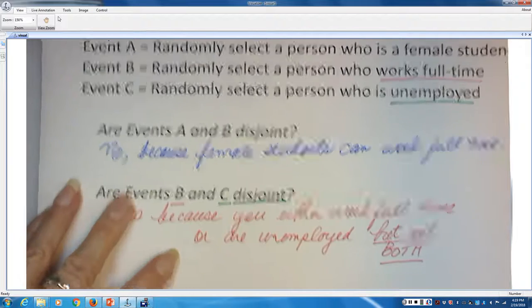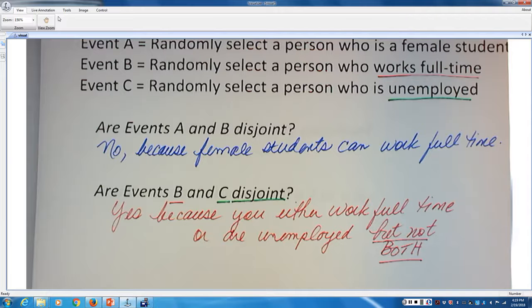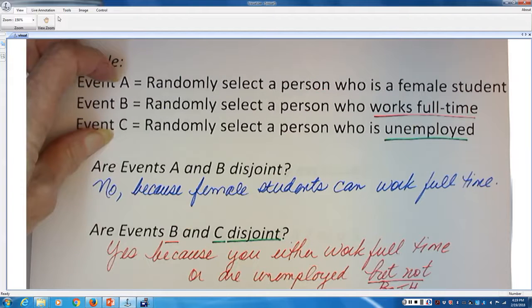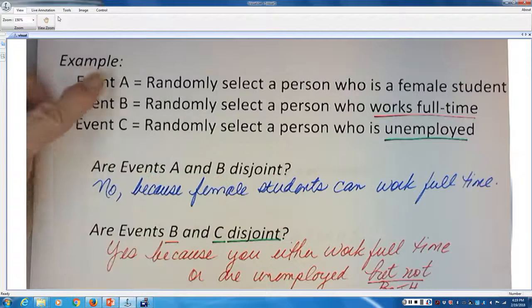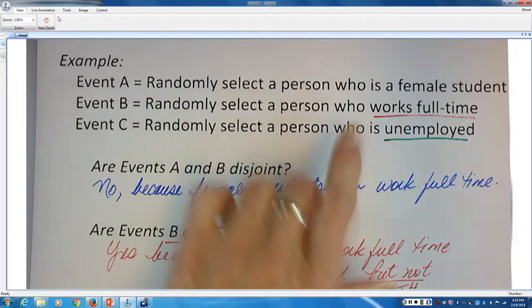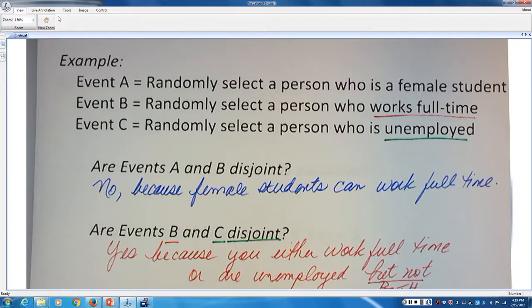It's that whole idea of but not both. You can be one or the other, but you can't be both. So events A and C are not disjoint also. Because you can have a female student who is unemployed, just like you can have one that works full-time. Okay? So it's the idea that they're disjoint if they can't be both. If both can't happen on one single occurrence.